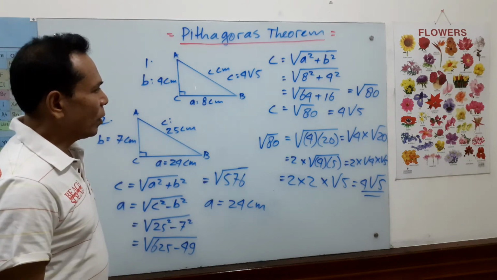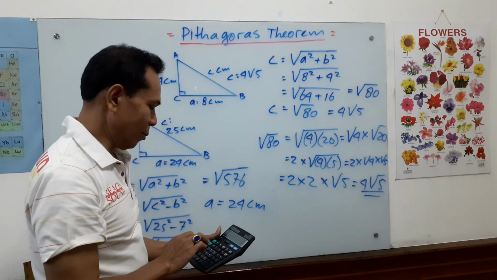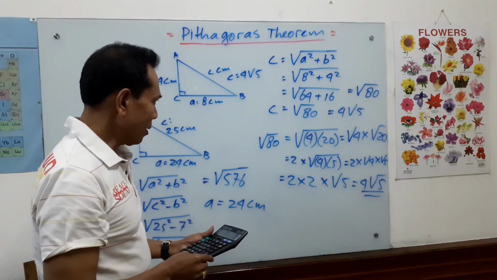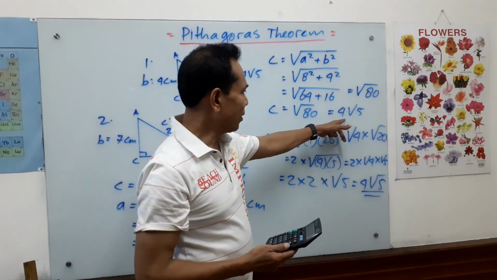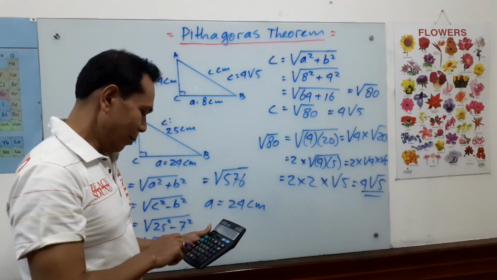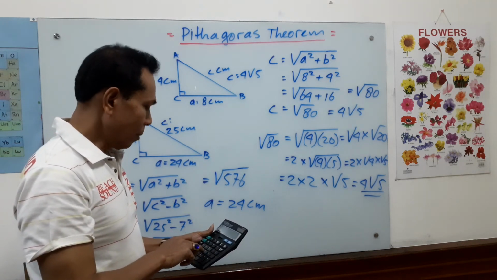So square root 80, we can also use this calculator, no problem, to find square root 80.